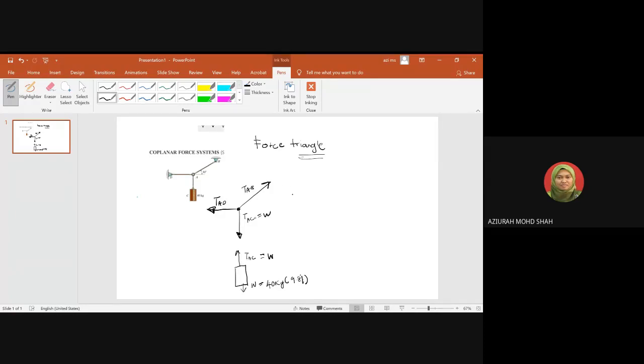So for the force triangle, to make sure that it is in equilibrium, dia mesti close triangle, head to tail, head to tail. Kalau jumpa head dengan head tak boleh. So maksudnya that is not equilibrium, that will be non-equilibrium.